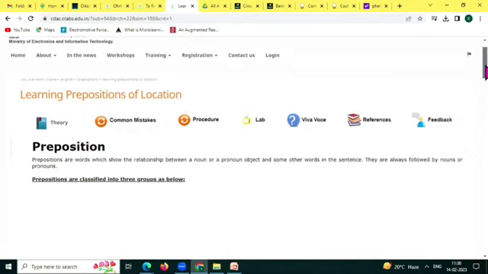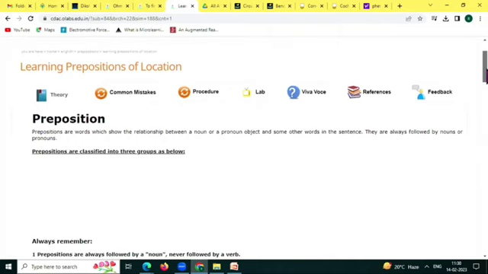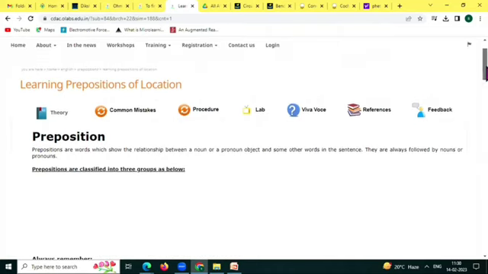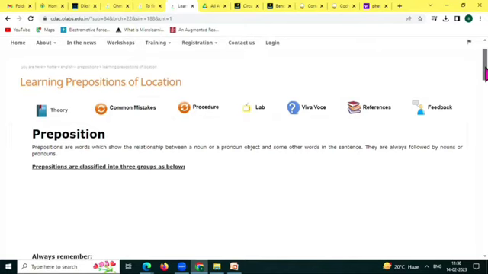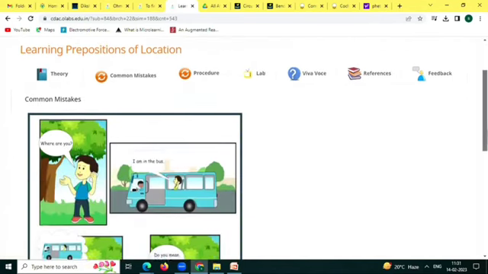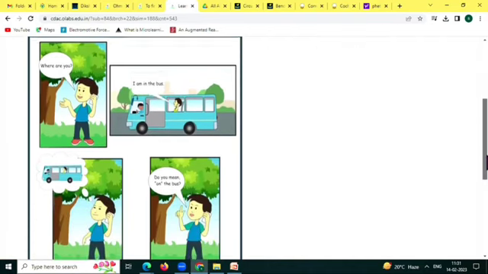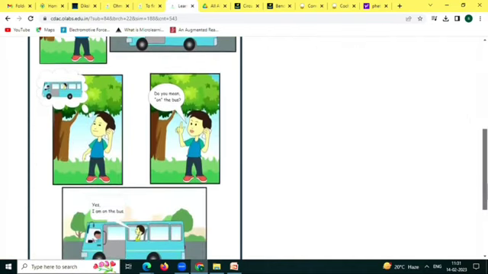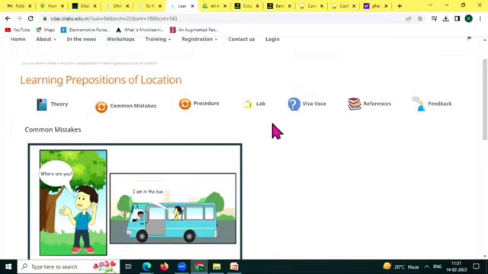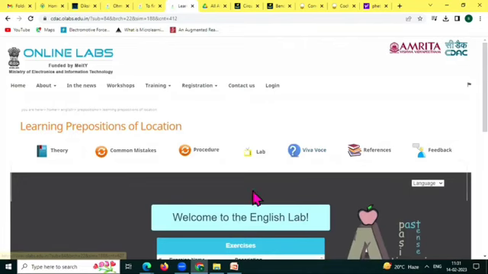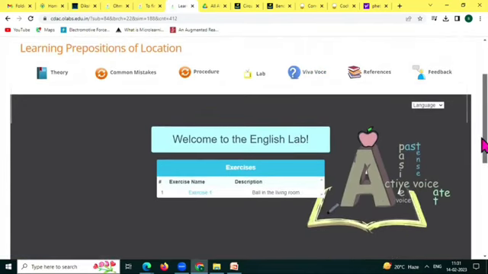The site is made very pedagogically sound, because for learning and teaching, we explore the existing ideas of the student, what are the common misunderstandings, common mistakes they make. So we can start from here. This is the common mistake students make: I am in the bus or on the bus. Which one is correct to use? Let us see with the help of the lab how it can be used.